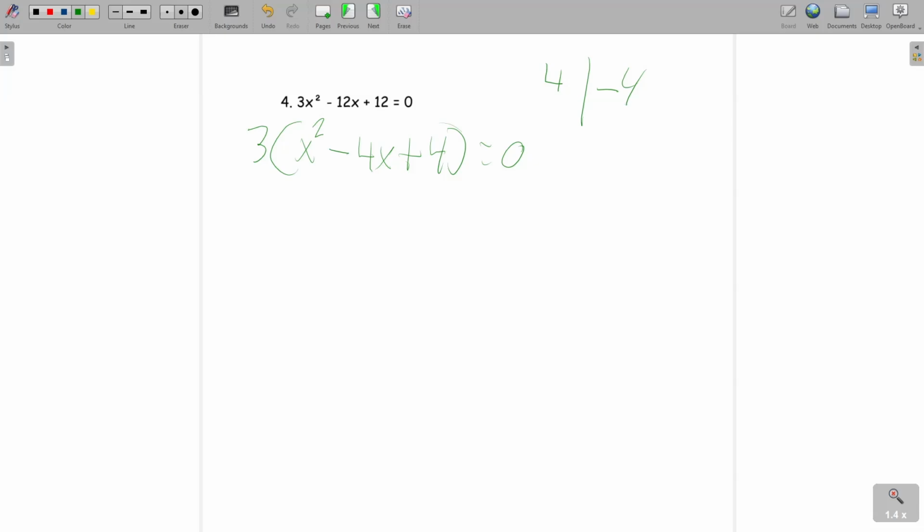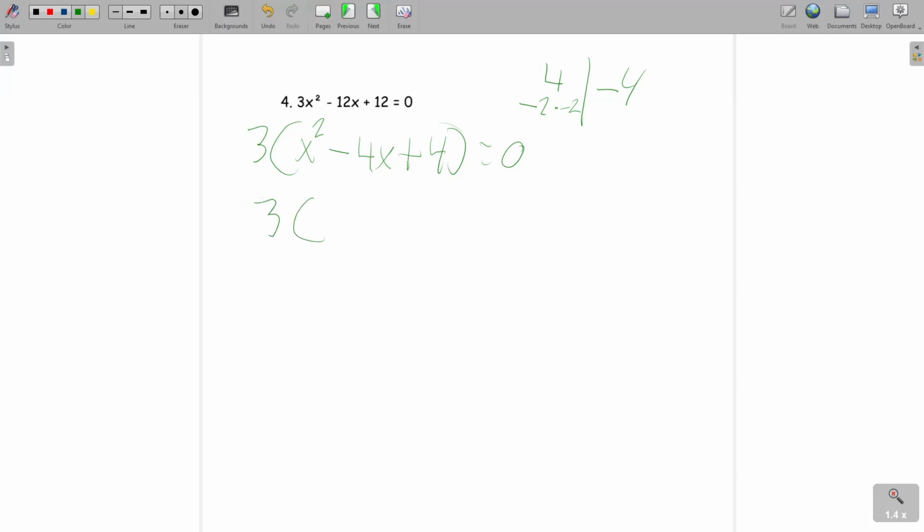And because it's a positive number, we know, well, if we have a negative here and we have a positive here, it's probably going to be two negative numbers that multiply to give us 4. So negative 2 times negative 2 gives us 4 and gives us negative 4 when we add them. So those are going to be our two numbers.